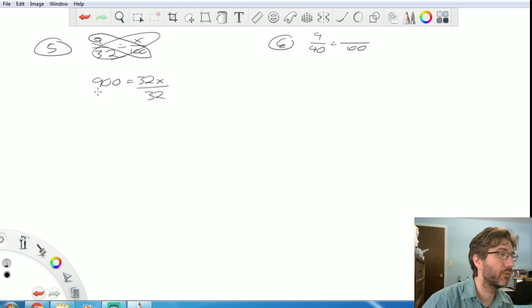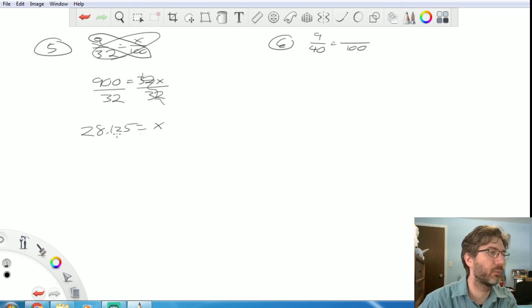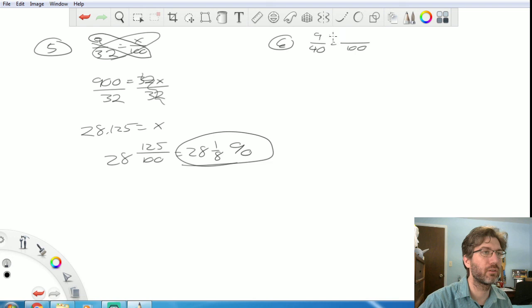Divide by 32, divide by 32. This is going to cancel, leave you with x. 900 divided by 32 gives you 28.125, and then you want to write that as a fraction. So you're going to do 28 and 125 over 100, which is going to reduce down to 28 1/8%. So that's your technical answer there.